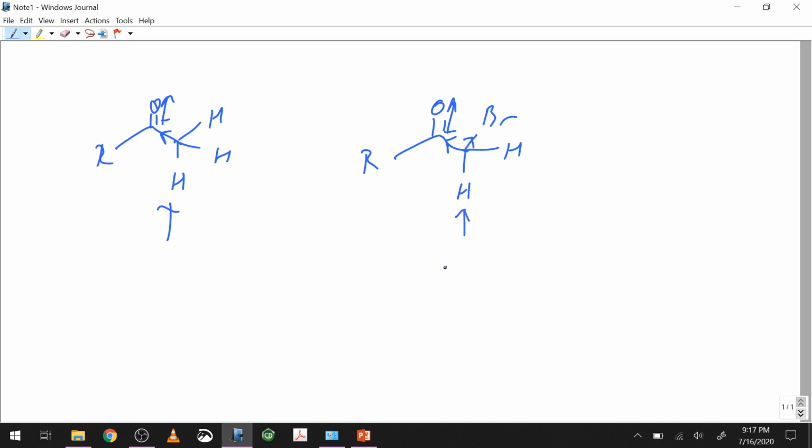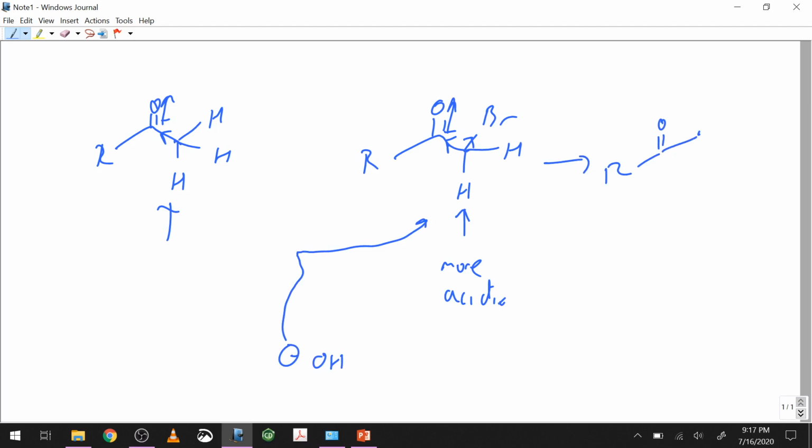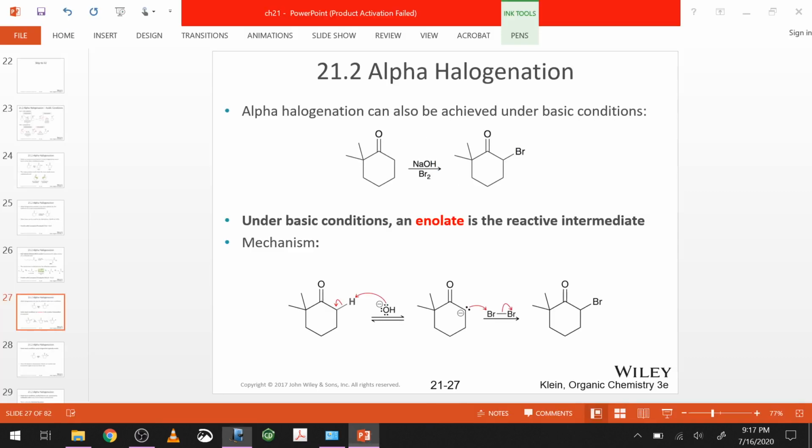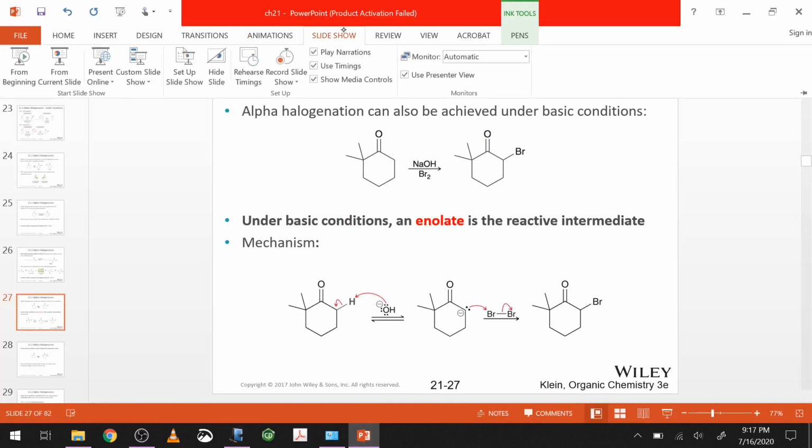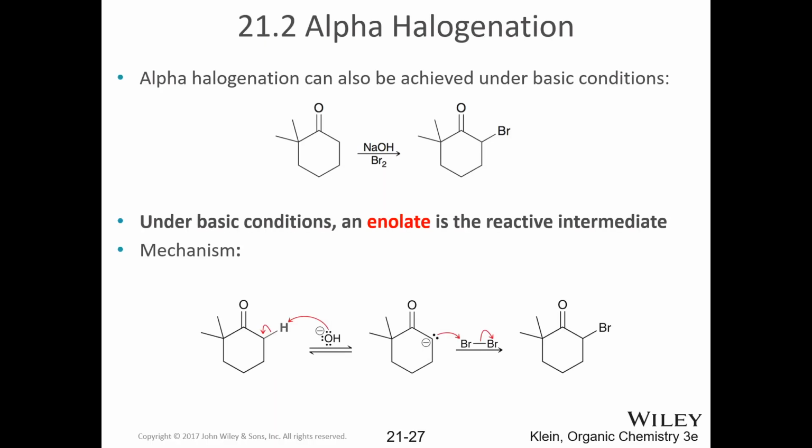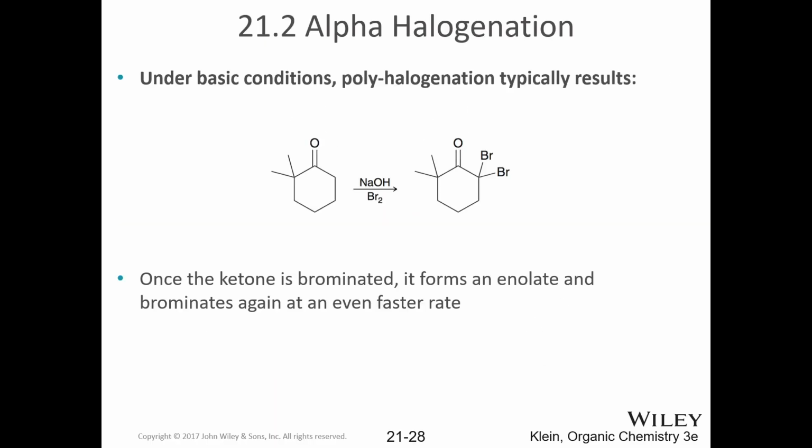So this is more acidic. Which means the next base that comes in is going to have a decision to make, and it's going to go here. Which means that if it's possible, we're going to end up with polyhalogenation. And this is even more acidic still, so we're going to end up continuing the process. So base catalyzed has its problems because we can actually do it a second and particularly a third time.